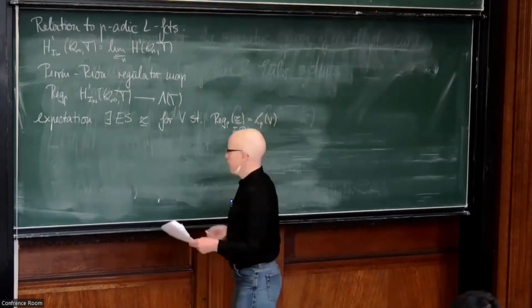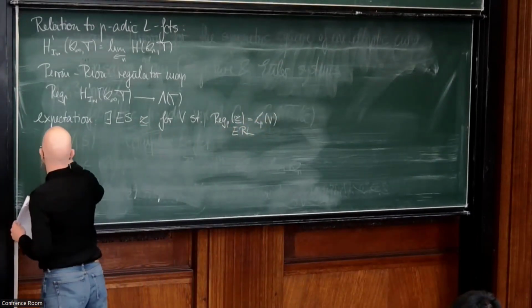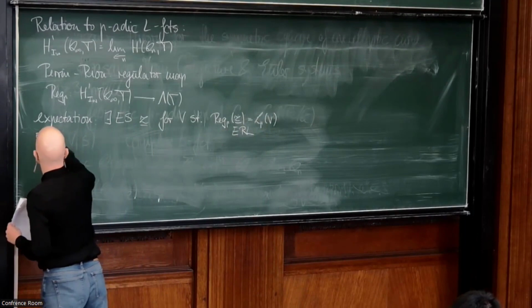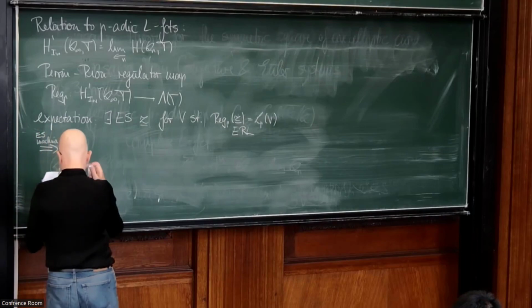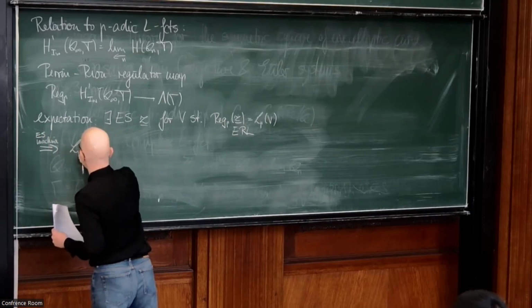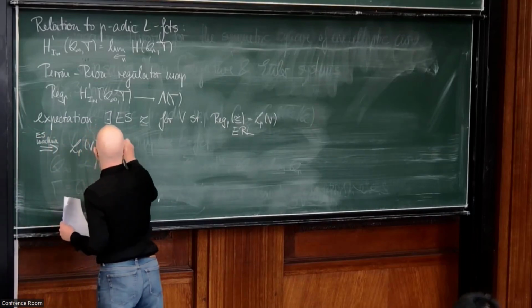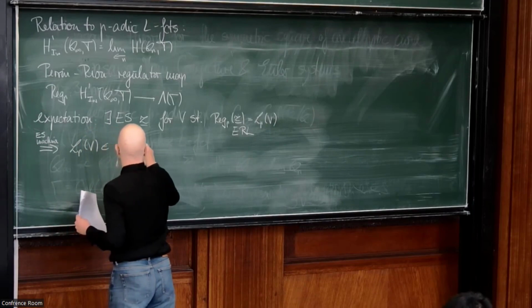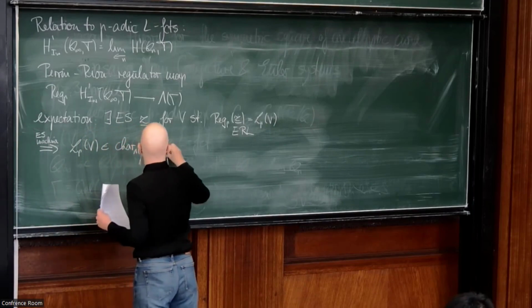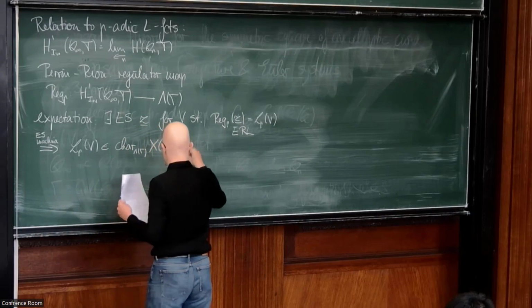Via the Euler system machine, one gets that the p-adic L function is contained in the characteristic ideal of our Selmer group.